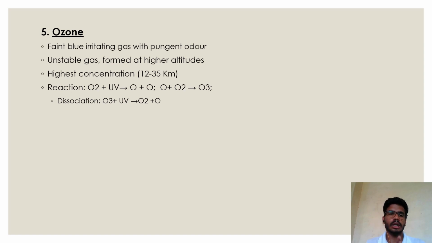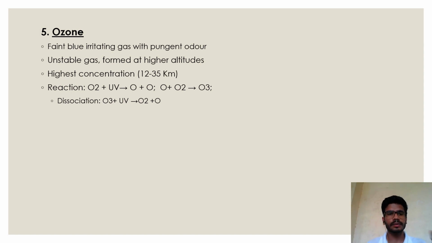And also, when O3 reacts with UV, it is reduced, and O3 is converted again to O2 and O. So this is a continuous process. Continuously there is formation of ozone from oxygen, as well as reduction of ozone to oxygen, and this takes place simultaneously.